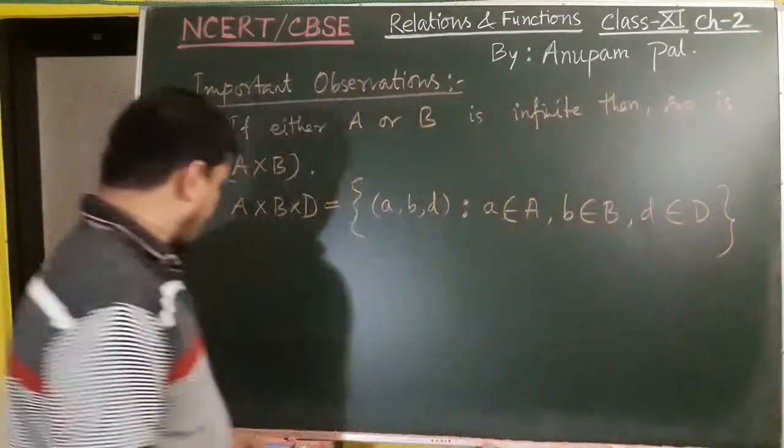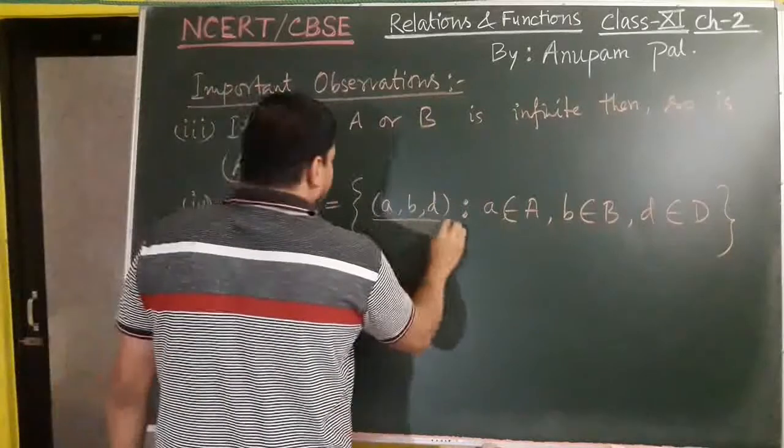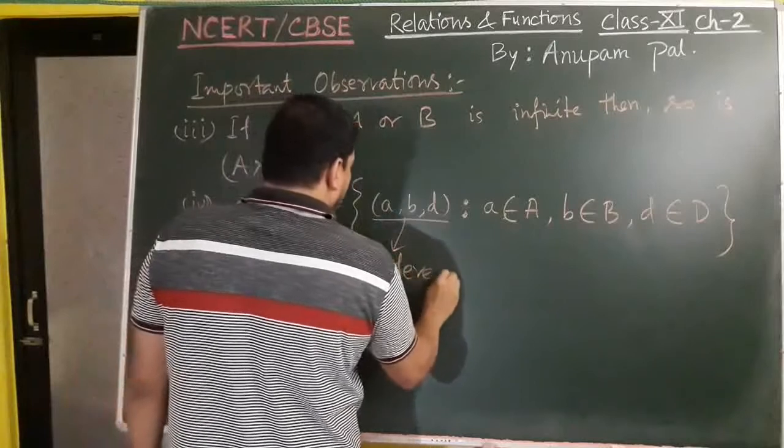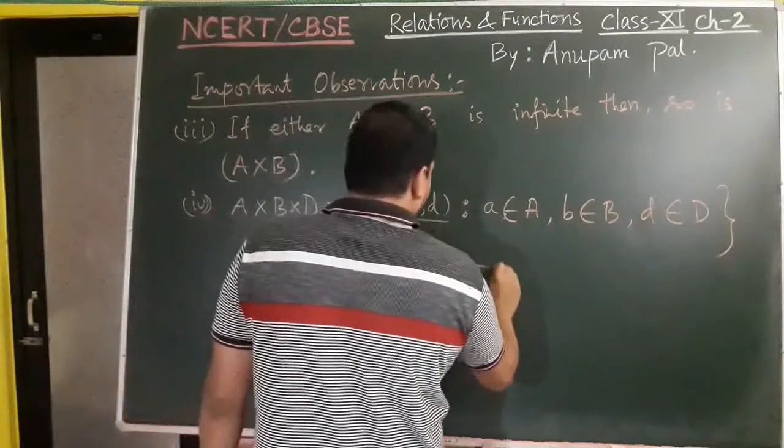Now this is fine. Okay, and this is called an ordered triplet.